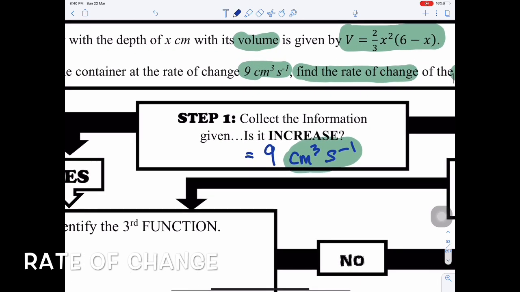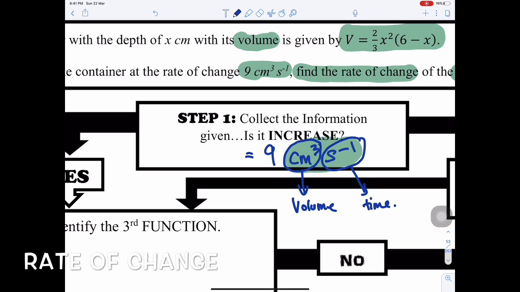For example, centimeter cubic brings you the unit for volume, and per second represents time.